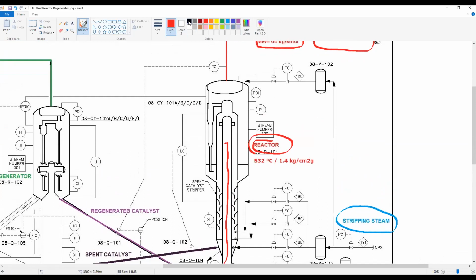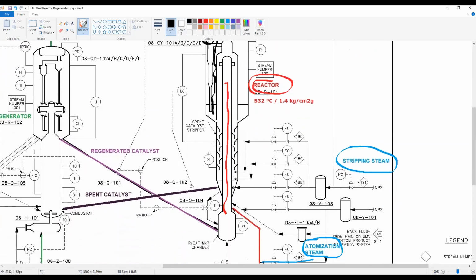We will show as black the catalyst flowing down, okay, and here we have our cyclones that will separate the catalyst from the vapors. We have here the catalyst going to the stripper, okay, through this side of the reactor.